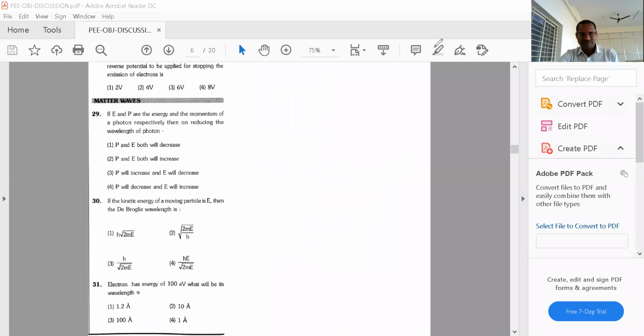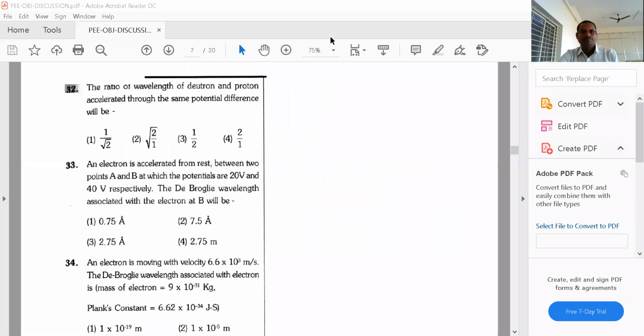Next. Question number 32. What have they given? The ratio of wavelength of deuteron and proton accelerated through the same potential difference.